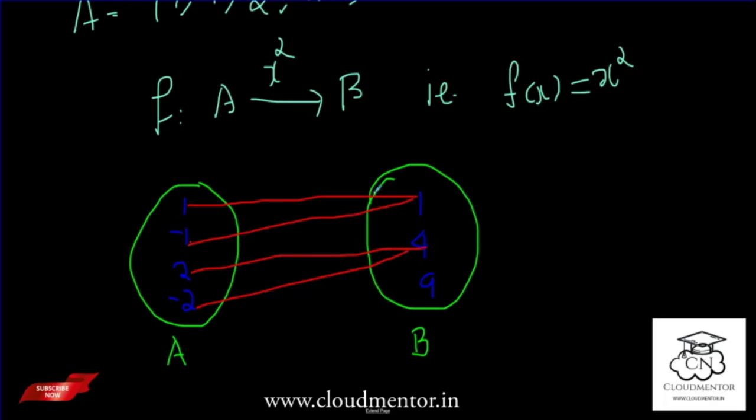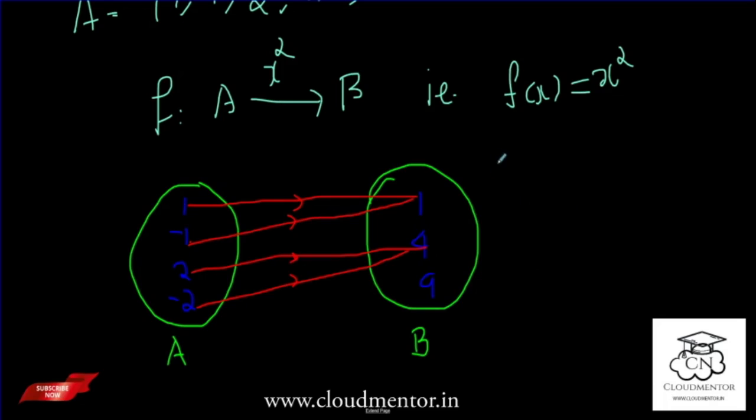So from the figure it is clear that the domain of the function is equal to 1, minus 1, 2 and minus 2, and the range of the function is 1 and 4. So the codomain is 1, 4, 9.